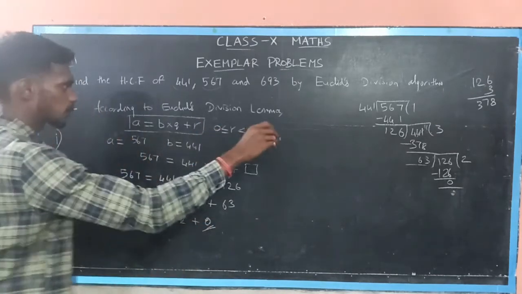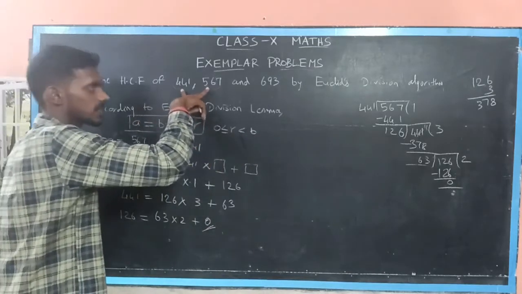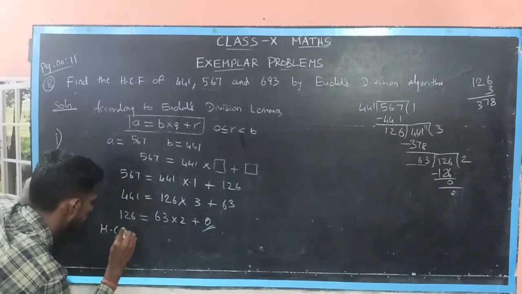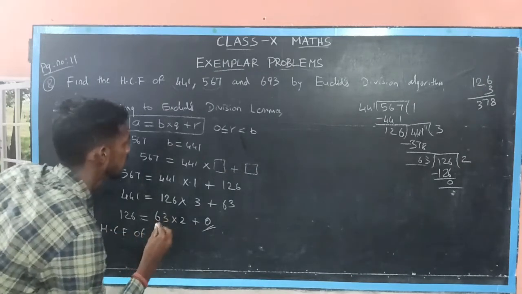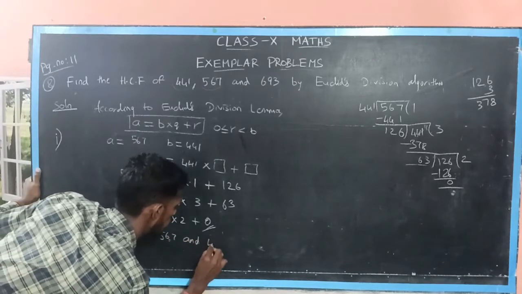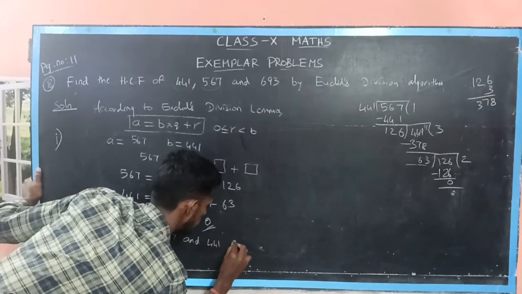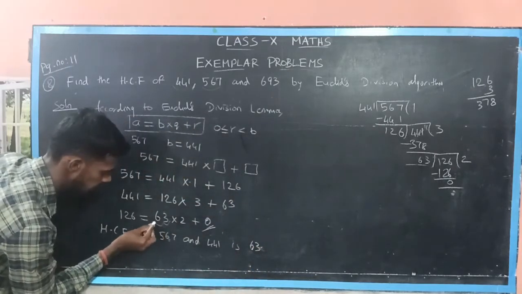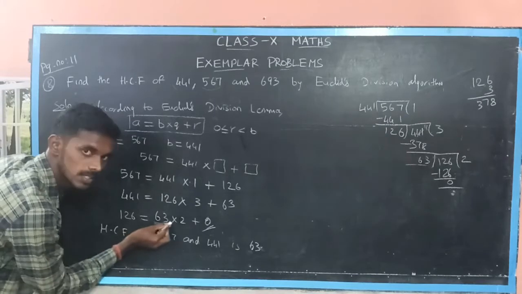We have to stop the procedure to find the HCF of these two numbers alone. So the HCF of 567 and 441 is 63, the last obtained B value.